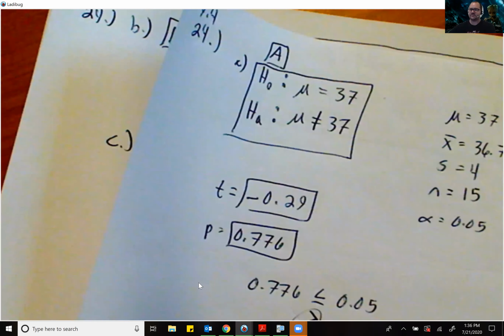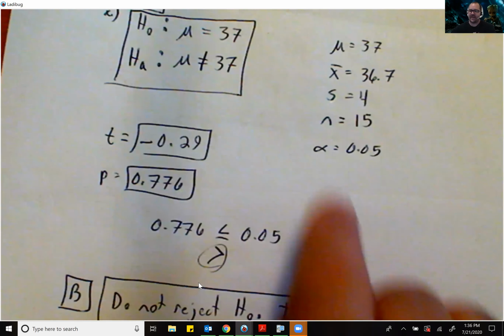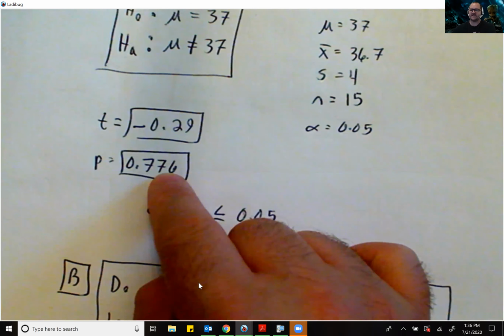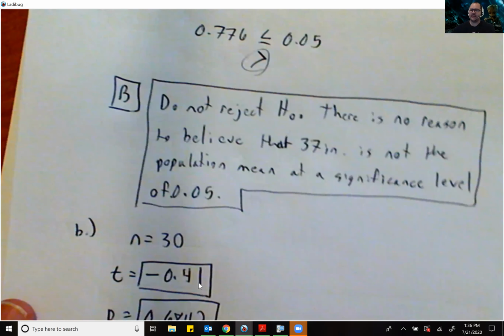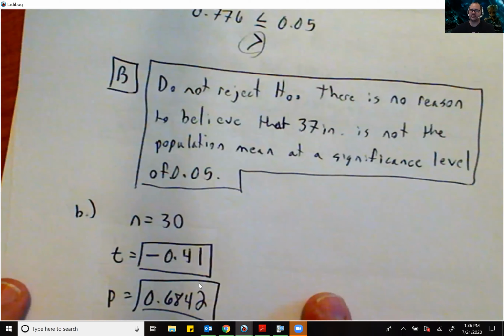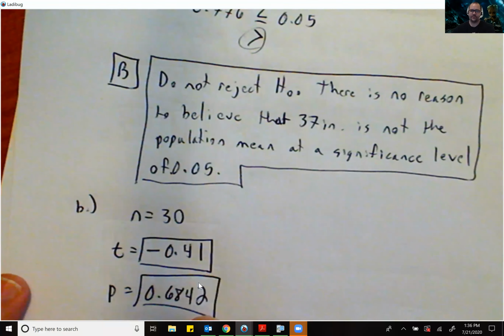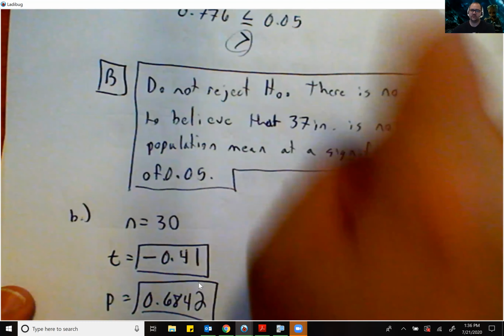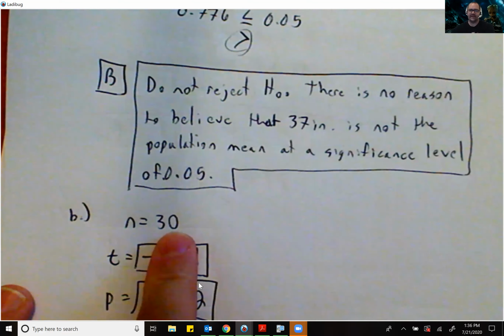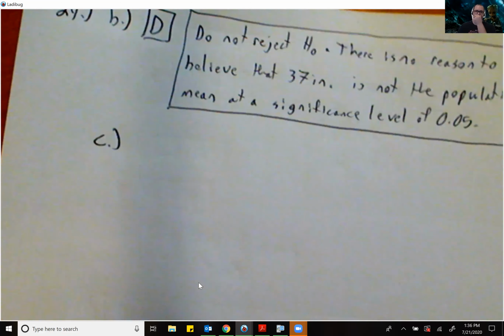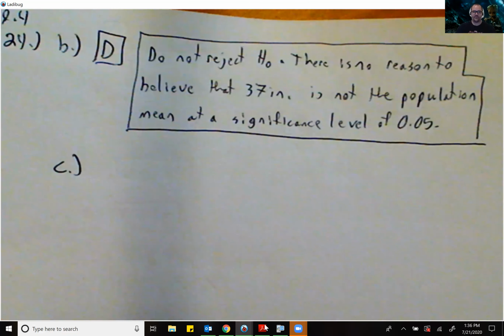Notice that we had a small sample size, and here were the values. Over here, the values got even smaller. The t value got smaller. The p value got smaller. So as you raise that sample size, everything went down, because the t value and p value depend upon those sample sizes.